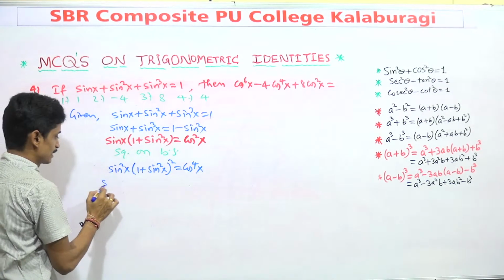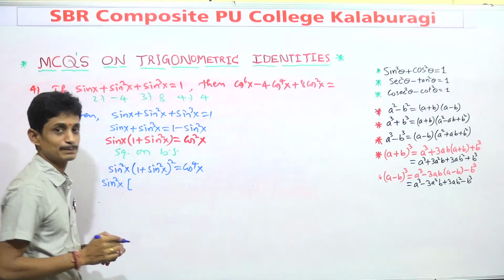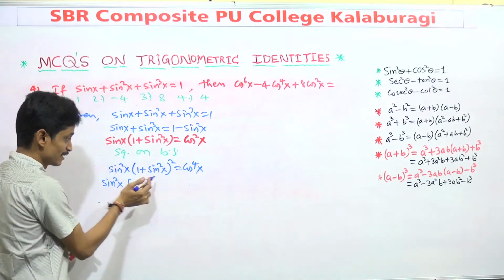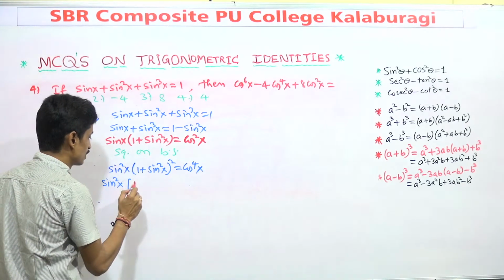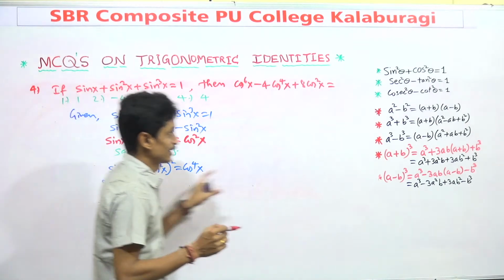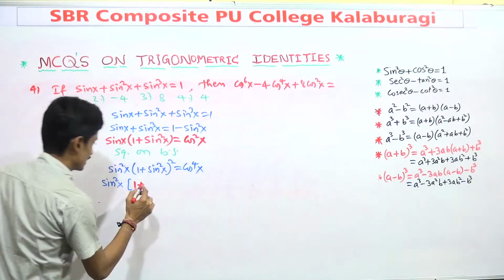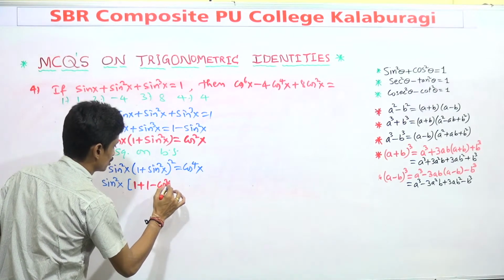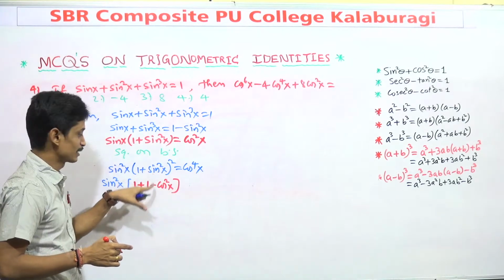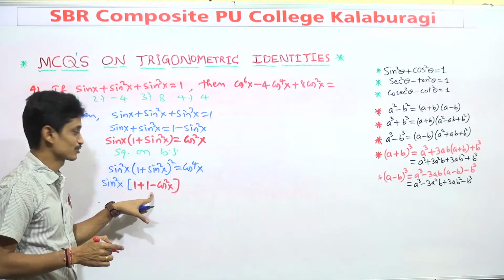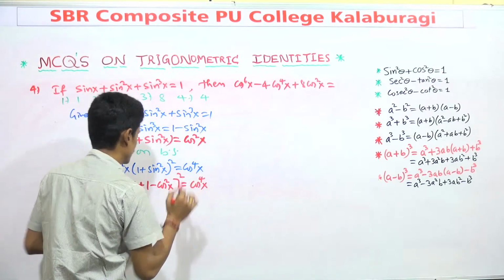Now this sin square x I will write as it is, and on this side, before removing the bracket, try to convert in terms of cos. So I will write 1 plus sin square x. Identity applied: sin square x equals 1 minus cos square x, whole square equal to cos power 4x.